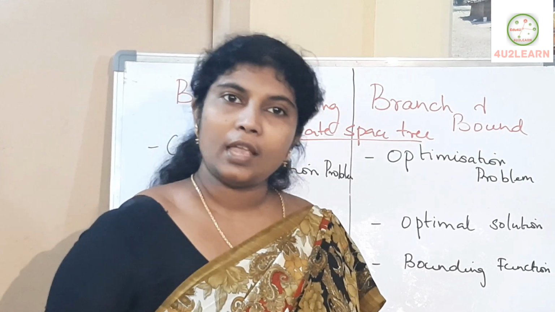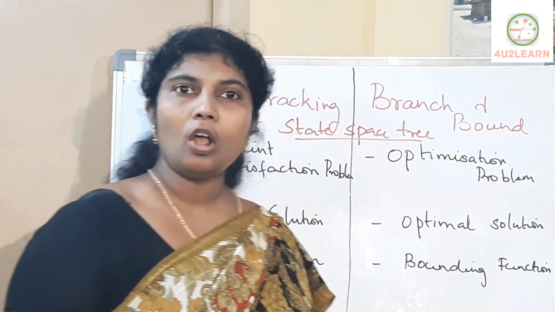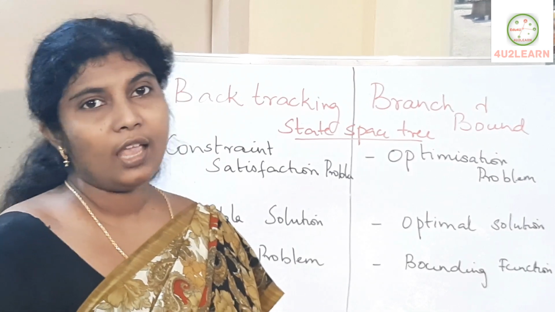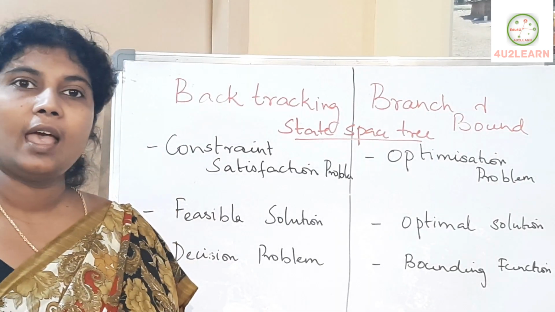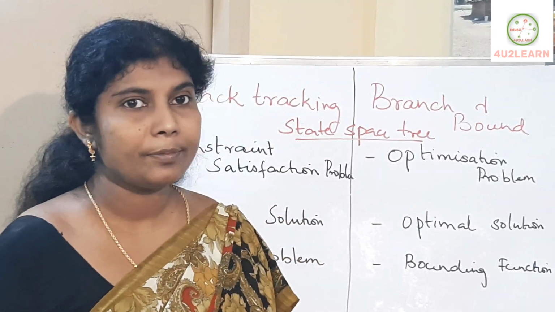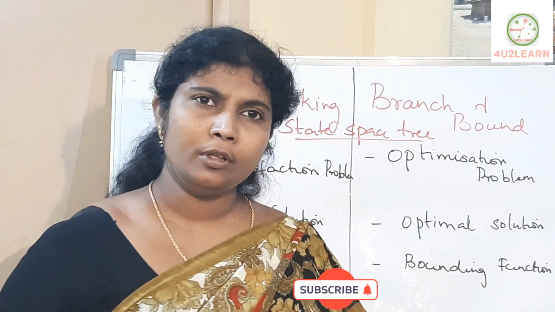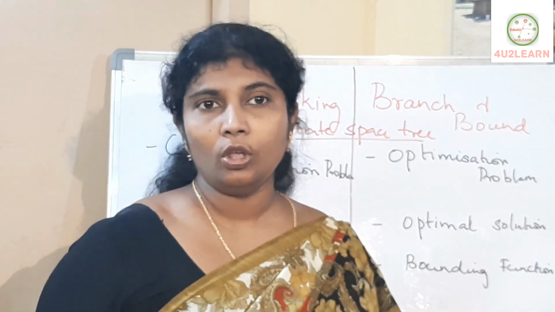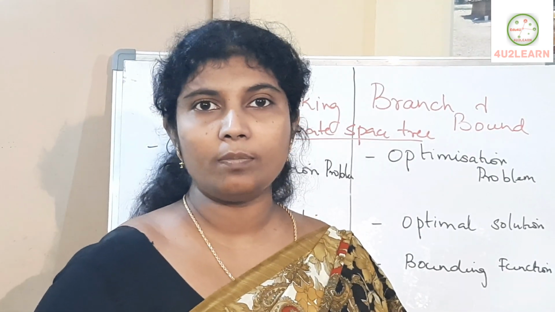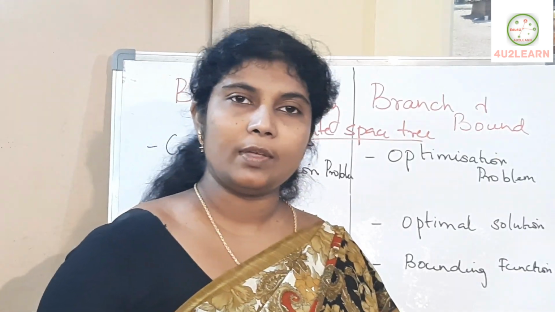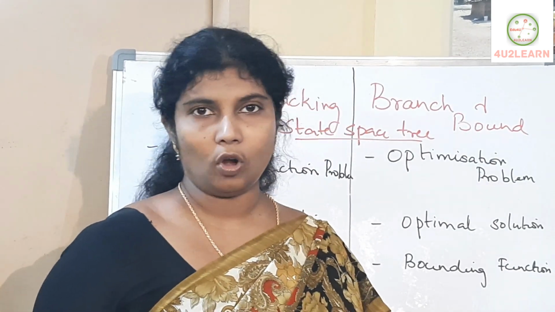The problems associated with backtracking are the N-Queen's problem, the Hamiltonian circuit problem, and the subset sum problem. Whereas in the case of branch and bound, we have the assignment problem, the traveling salesman problem, as well as the knapsack problem.